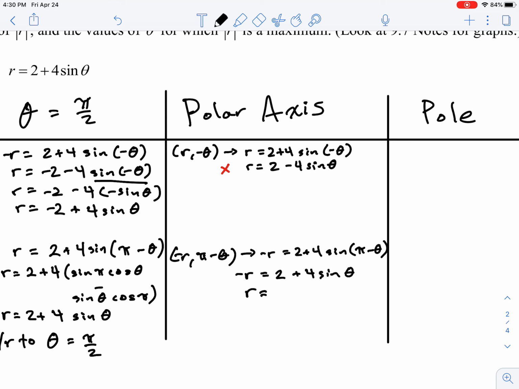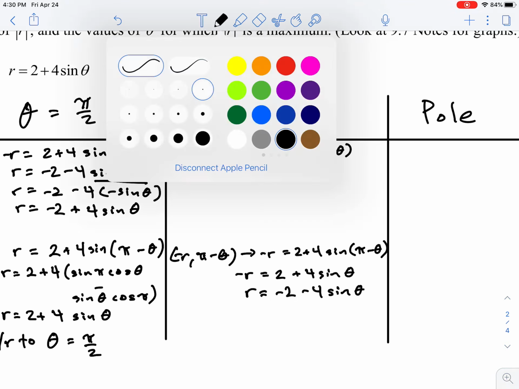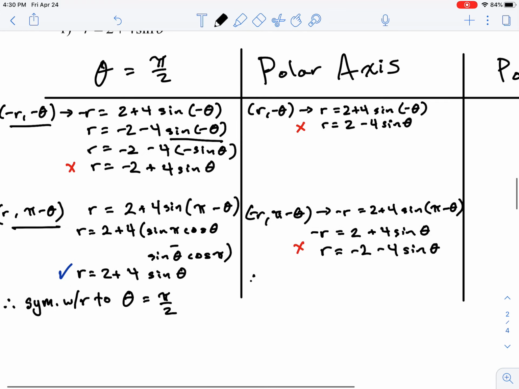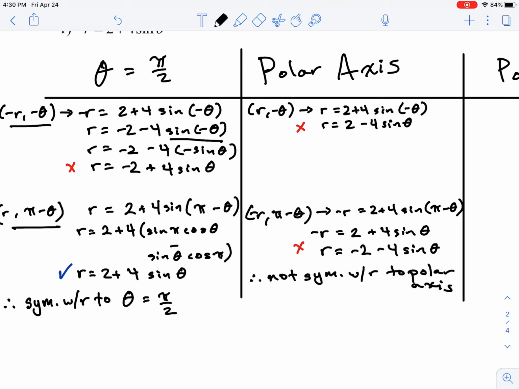Divide everything by negative r now. R is equal to -2 minus 4 sine theta. In any case, we see that these are not the same equations. So we can go ahead and just say, therefore, not symmetric with respect to the polar axis.